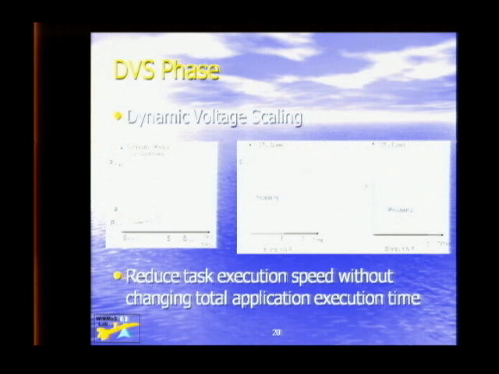So it helps you reduce the energy consumption further in a nonlinear way, which is really good for us, because if your schedule has, let's say, 2 seconds of empty time, you can stretch your processing through that time and reduce the energy consumption during the processing.